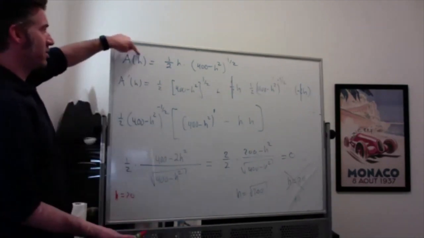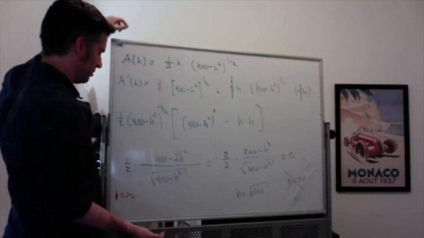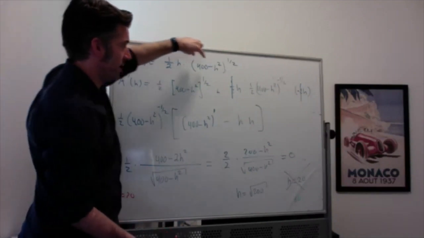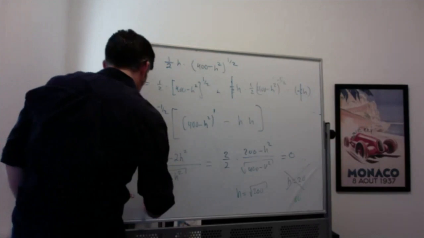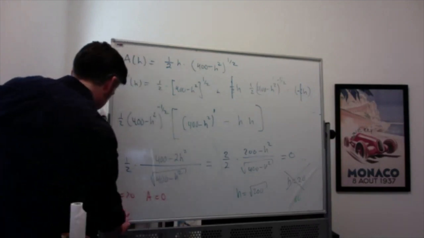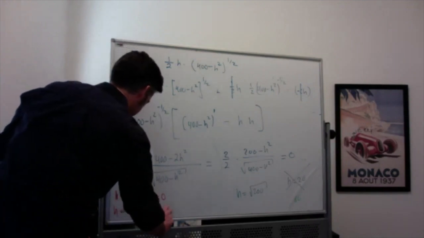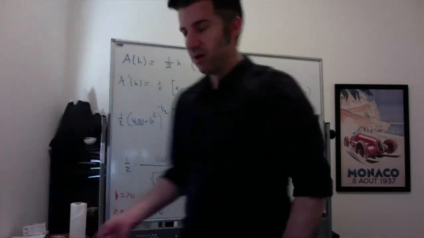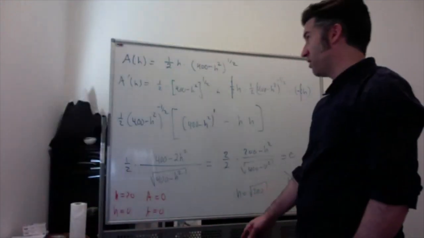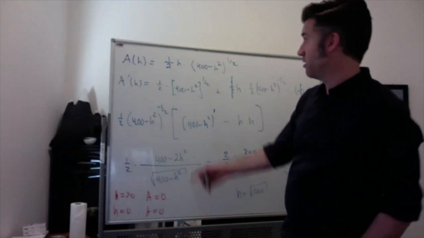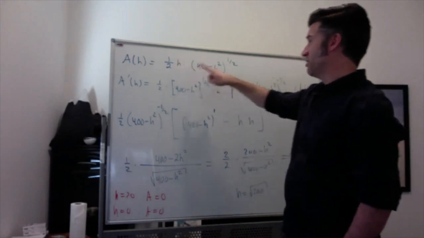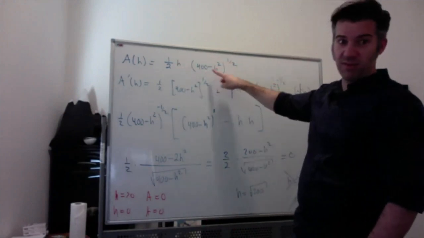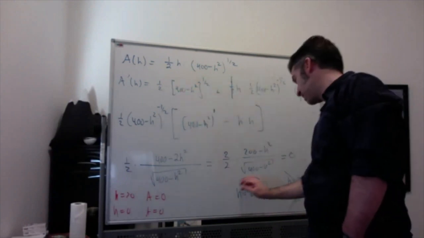Because the area as a function of height is 1/2 times 20 times 0. And if the height is 0, the area would also be 0. And if the height is square root of 200, the area is definitely positive, right? 1/2 times the square root of 200 times 400 minus the square root of 200 squared. Those are both positive. So this is definitely giving us a maximum.